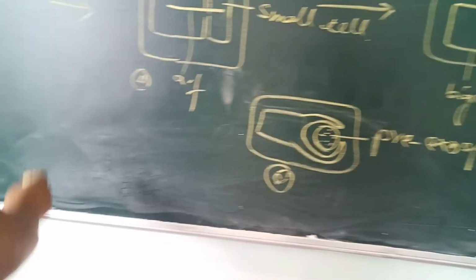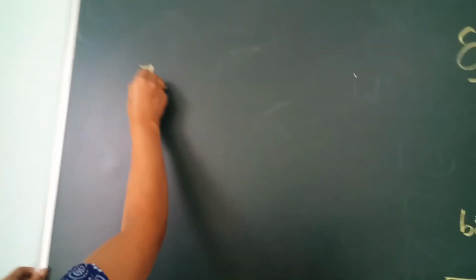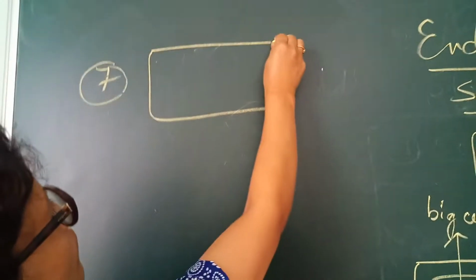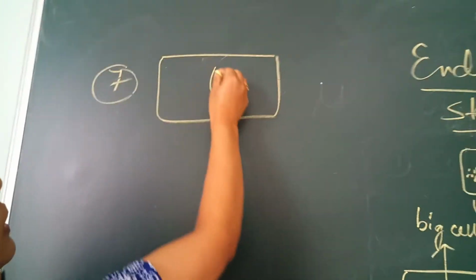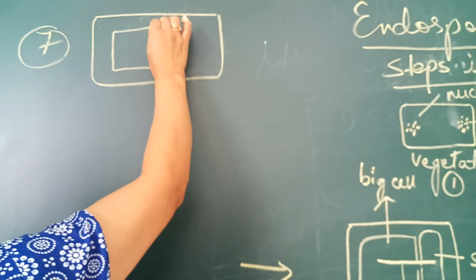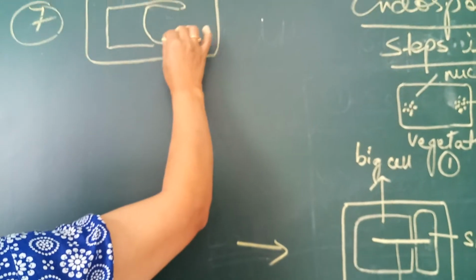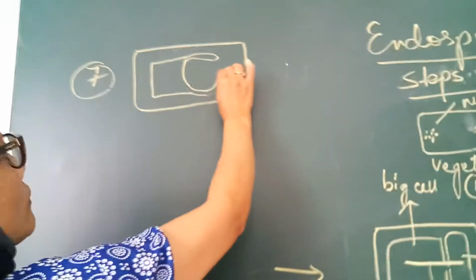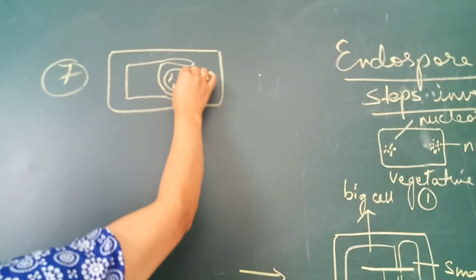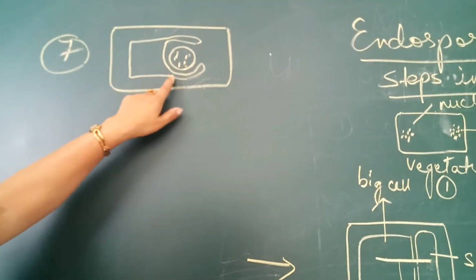Now in the seventh step, this is the big cell. Okay, it is slowly forming an envelope around the small cell, which is your endospore. Okay, it was like this.